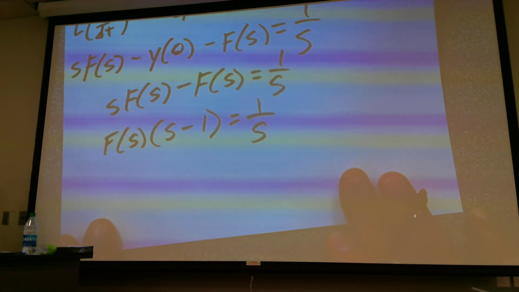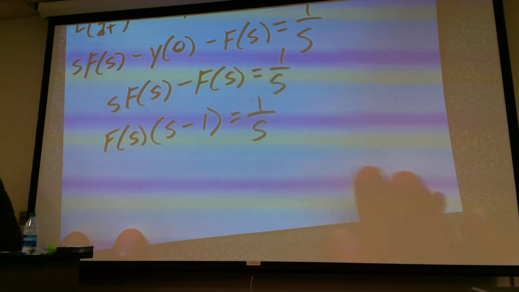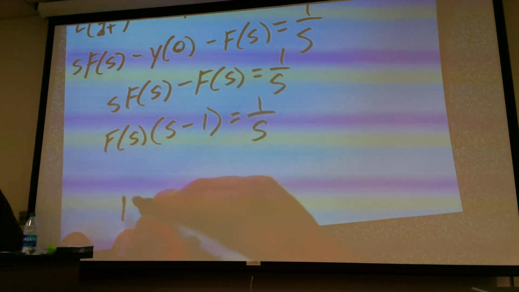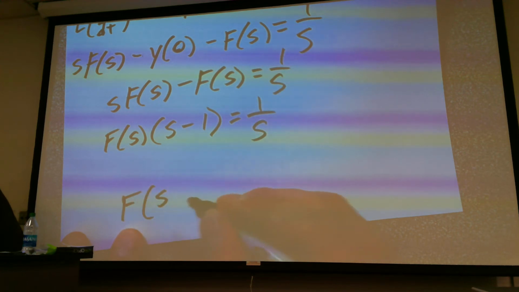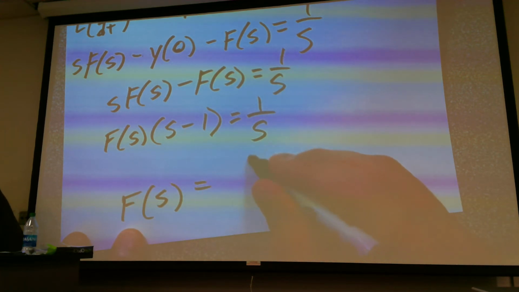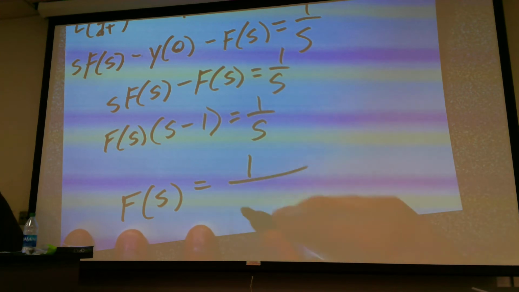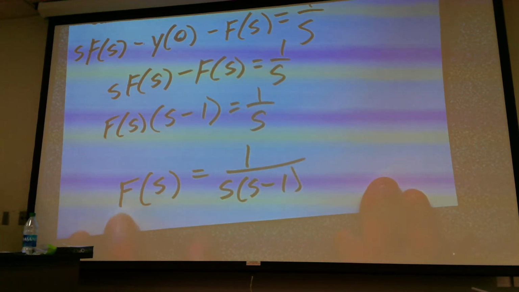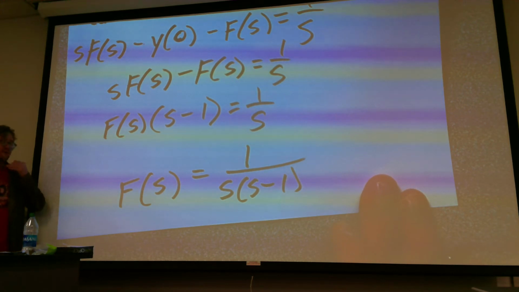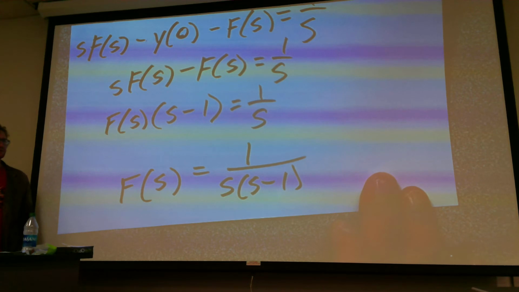But we want F(s) isolated all the way by itself. So F(s) is going to be 1 divided by s times (s minus 1). But I don't remember there being a Laplace transform of 1 divided by s times (s minus 1).